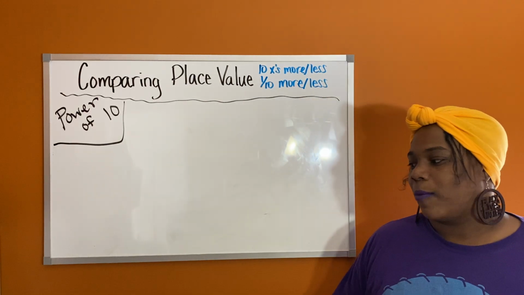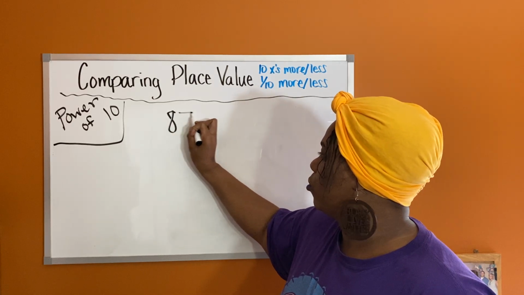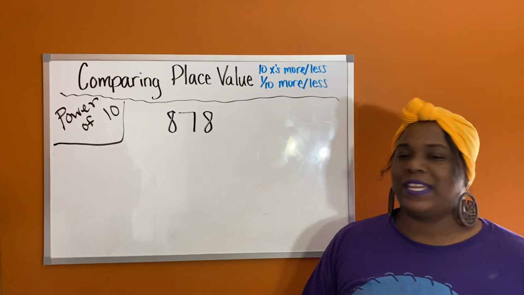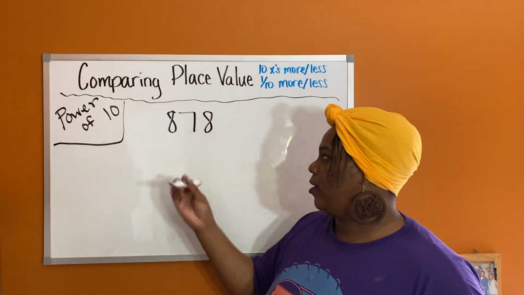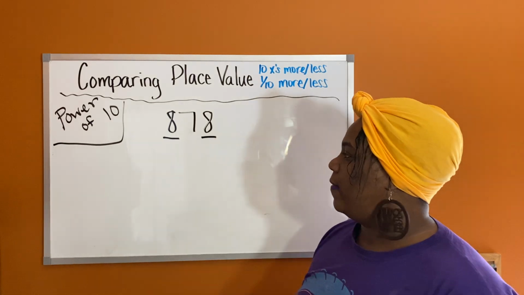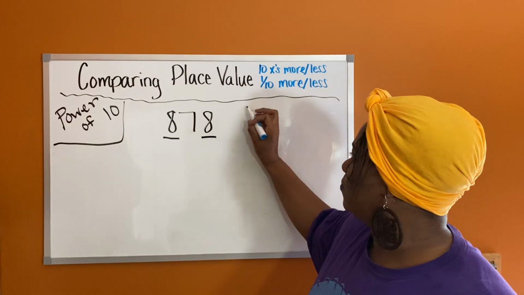So the first thing I want you to do is write this number on your papers. 878. All right, so here we are going to compare the 8 in the hundreds place and the 8 in the ones place.